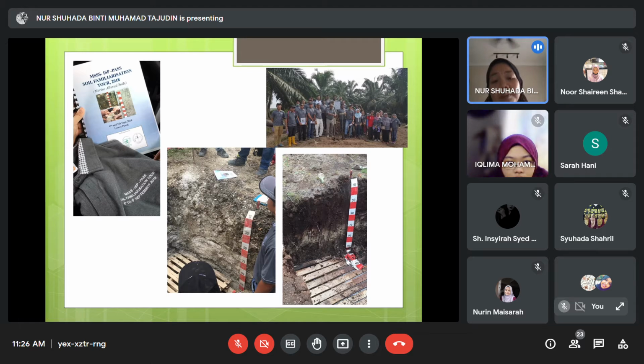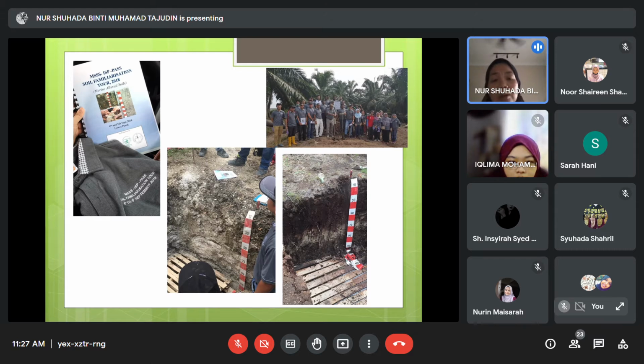It gives different properties to the soil, and it reflects how plants can grow in this type of soil. For a plantation, usually we have a targeted yield. For example, I forgot, it's about 20 tons per hectare. It means in one hectare you have to reach about 20 tons of fruit bunch.